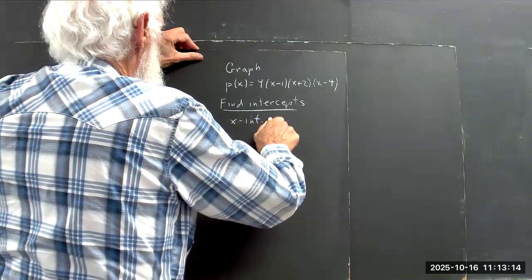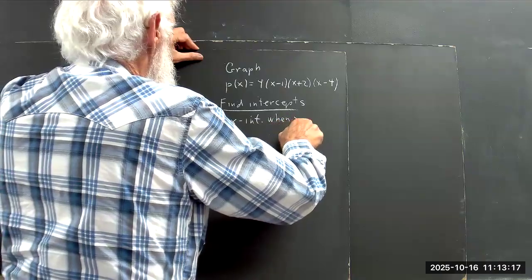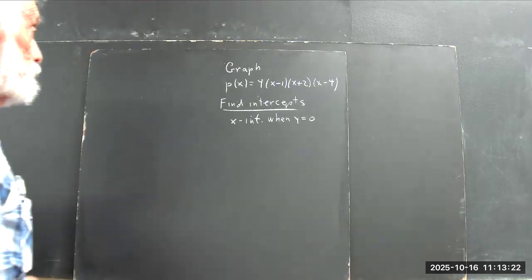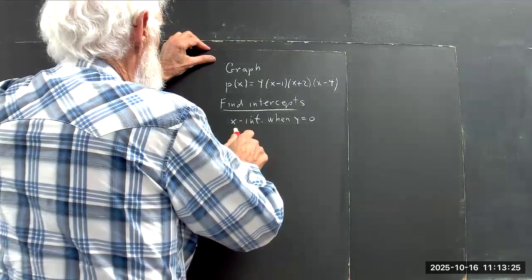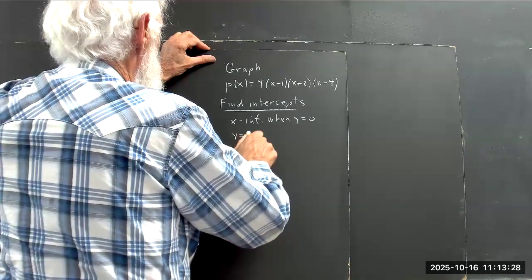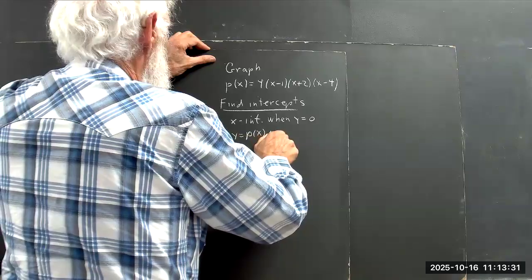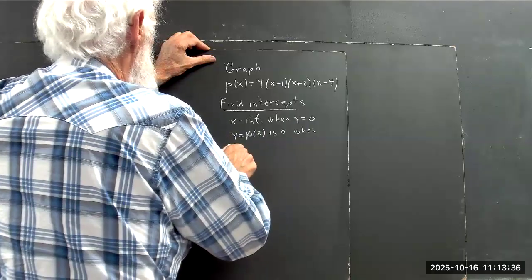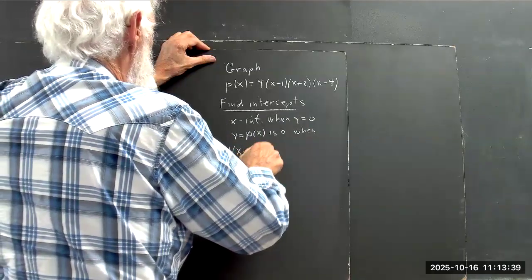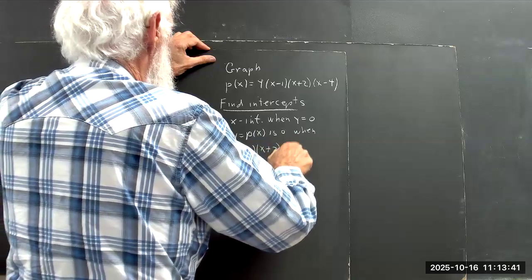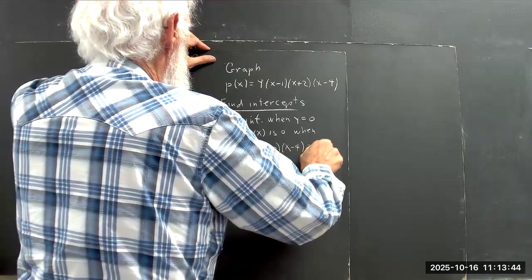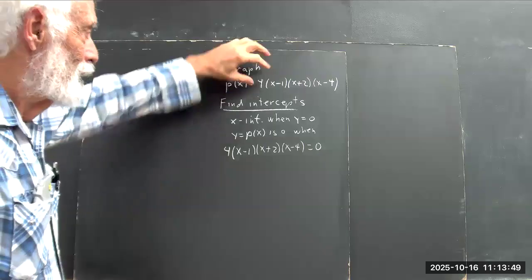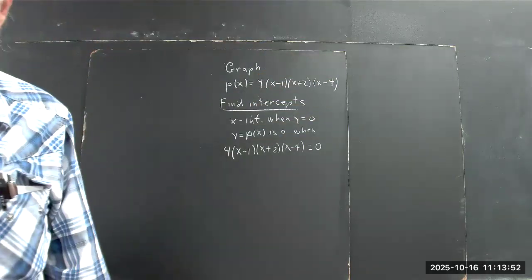X-intercept occurs when y equals 0. Y equals P of X is 0 when this expression for P of X is equal to 0.